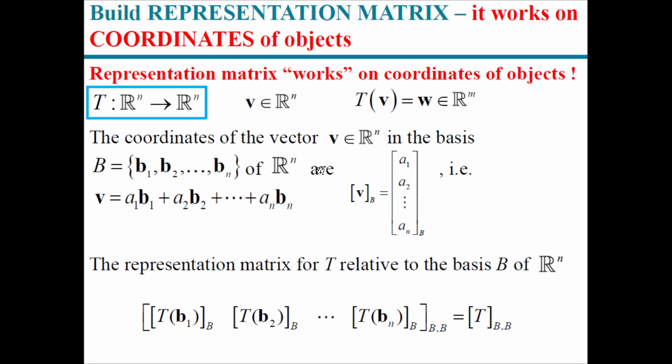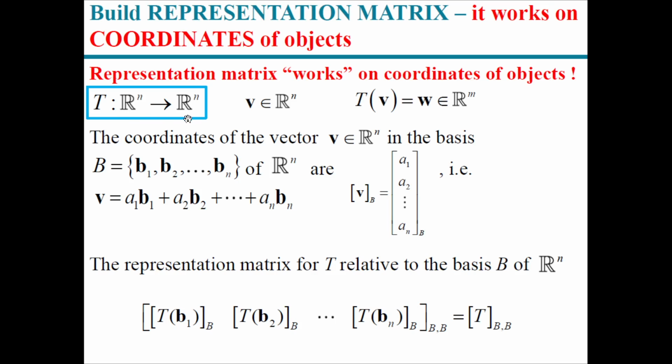One important remark here: you need to be careful when you have a linear transformation from R^n to R^n, so the same space in the input and the output. When you choose a basis for R^n, let's say basis B, whatever the basis B is, it's the basis for R^n for the inputs and for the outputs, obviously.